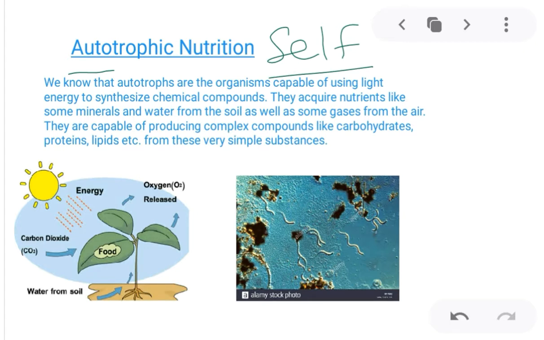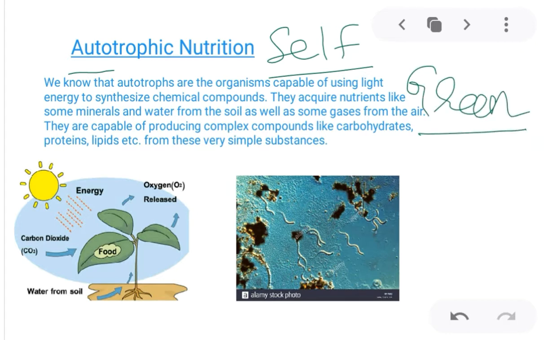So in this mode of nutrition, organisms depend on themselves; by themselves they can prepare their own food. Such organisms are known as autotrophic organisms. The best example for that is green plants.